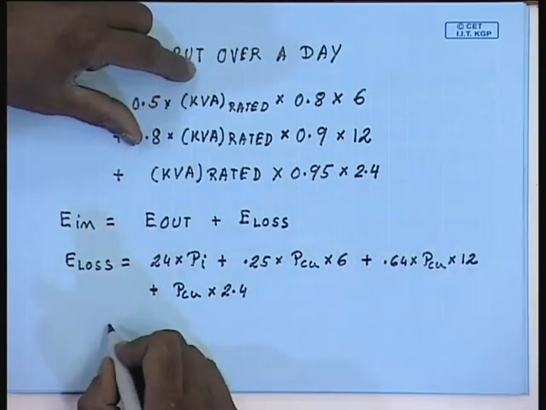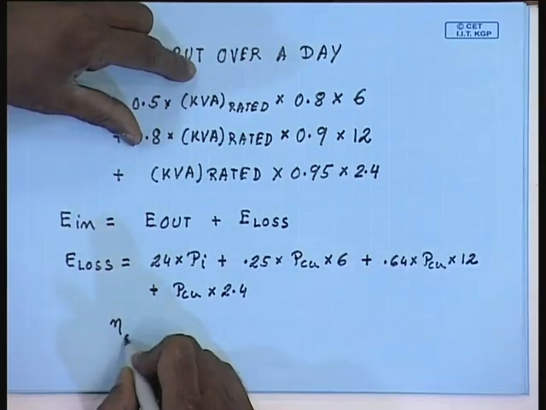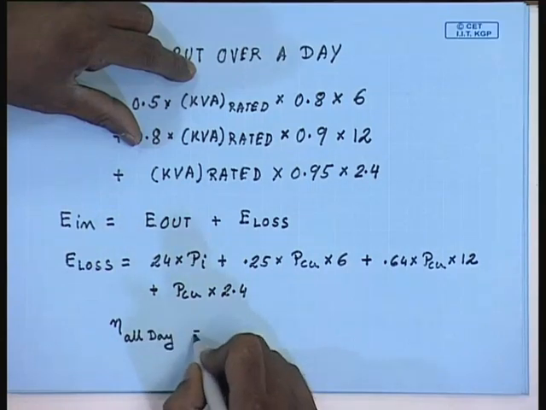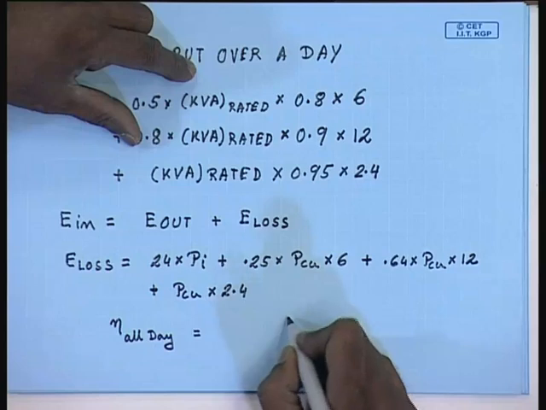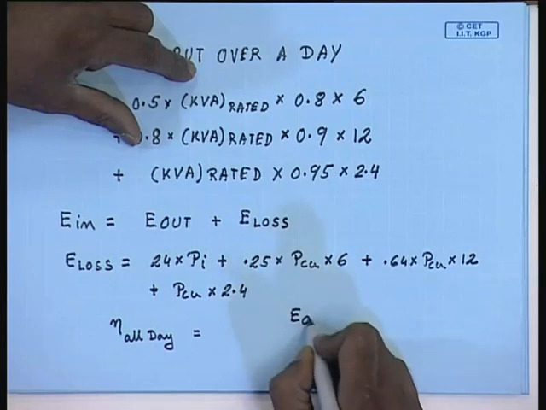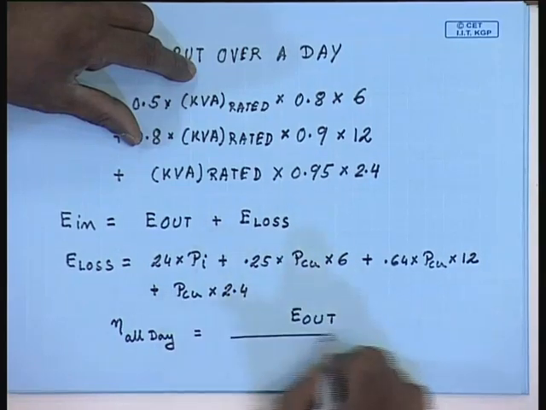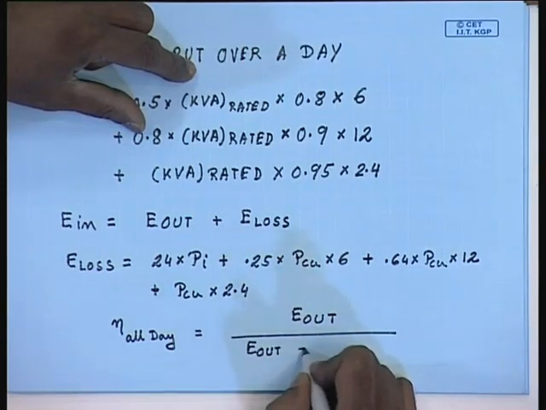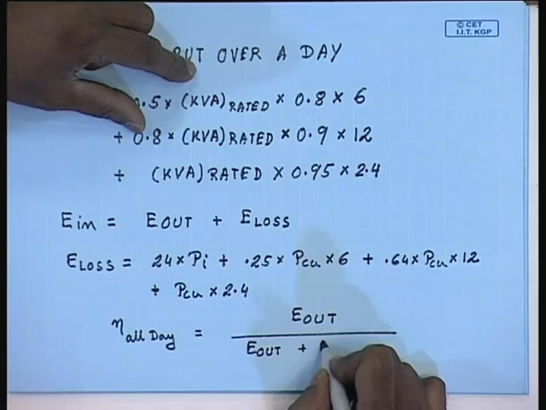So, the all day efficiency is equal to E out divided by E out plus E loss.